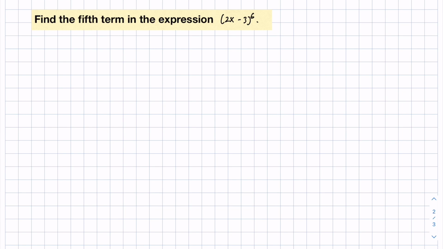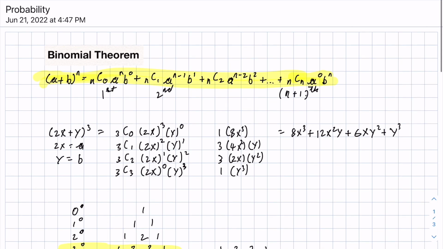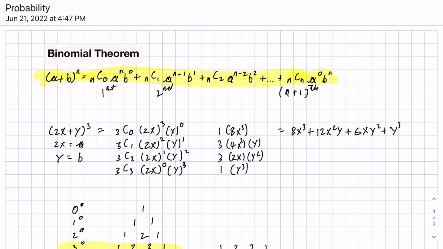So if we look at the binomial theorem, and if we look over here, let's call this value r. So it'll always be n choose r. If you look at the first term, r is equal to 0, and in the second term, r is equal to 1, and so on.